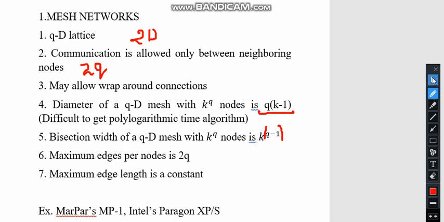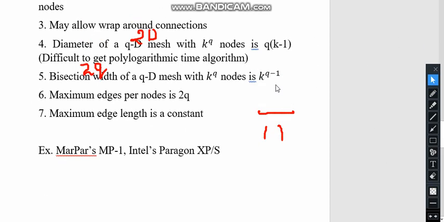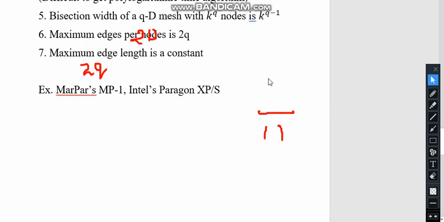Now let's see how the processors are organized inside the mesh network.